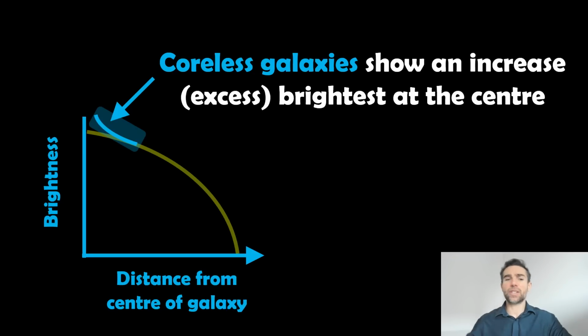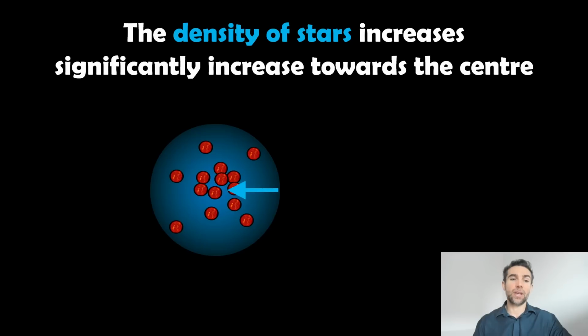This is the opposite to a cored galaxy. What that's physically telling us is that the density of the stars actually increases significantly as we go towards the centre of the galaxy. So the closer in you get, the denser the stars get. And if there's more stars there, they emit more light, so it appears brighter.